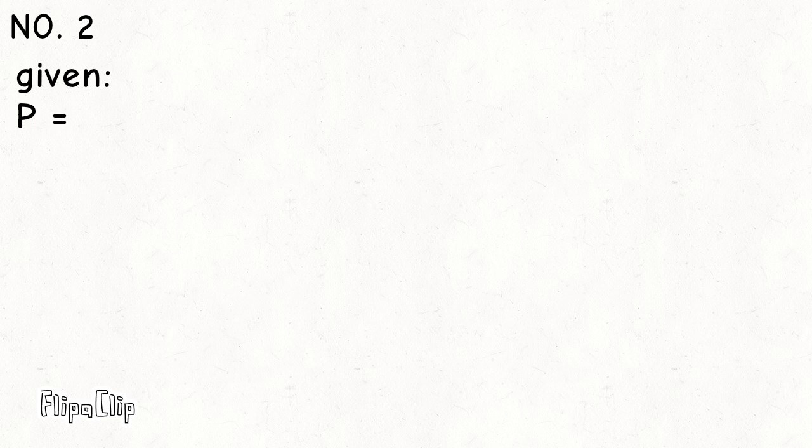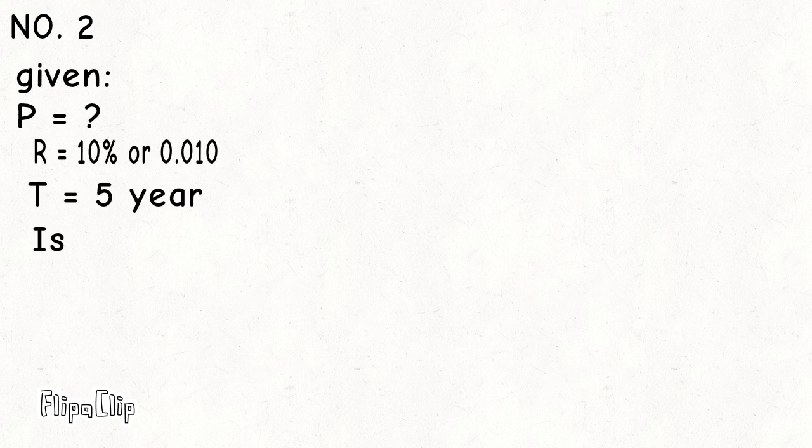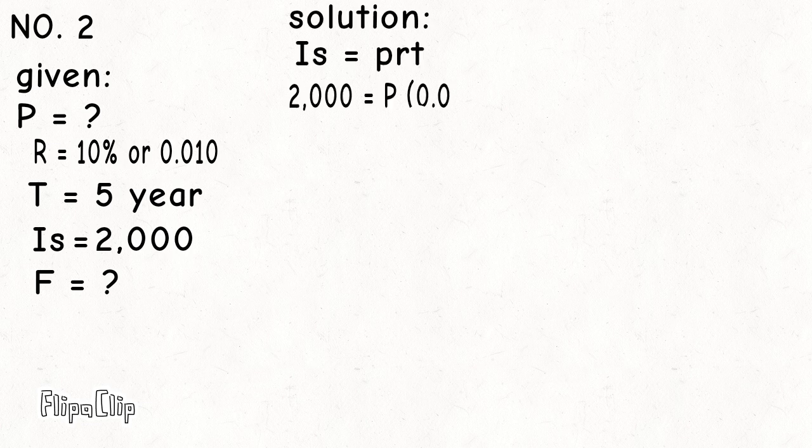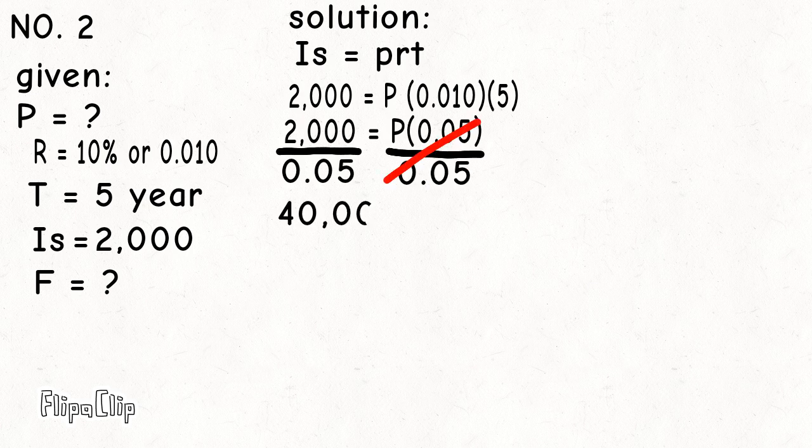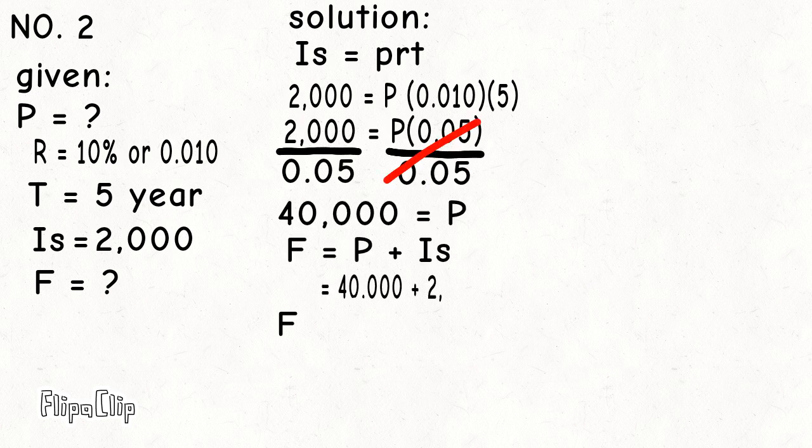The givens are P equals unknown, R equals 10% or 0.10, T equals 5 years, Is equals 2,000, and future value is also unknown. For the solution, let's begin with the formula of simple interest, which is Is equals PRT.